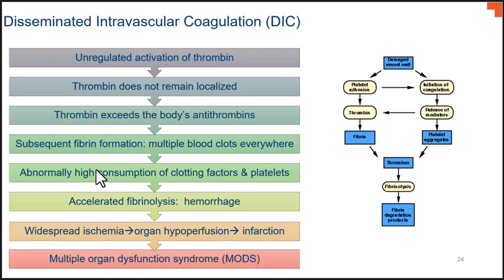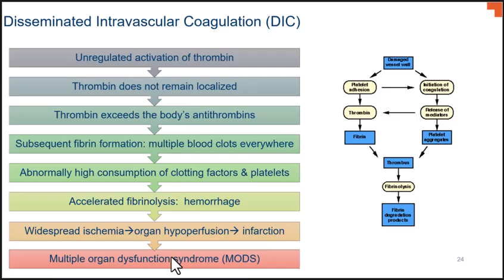And so you could probably appreciate now that we're going to have this high consumption of clotting factors and platelets. And then the clots have to break down, and the meshes break down. That's called fibrinolysis. Accelerated fibrinolysis can lead to hemorrhaging, since we've lost and used up a lot of the clotting factors and platelets already. This can lead to widespread ischemia.